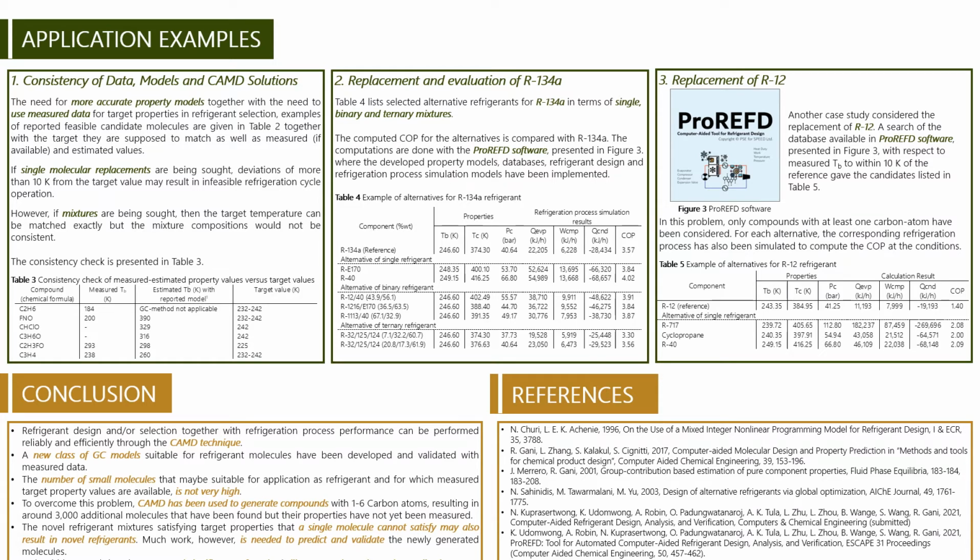Table 4 lists selected alternative refrigerants for R134A in terms of single, binary, and ternary mixtures. From Table 4, the boiling temperature of the alternative single refrigerant is close to the target boiling temperature, but the boiling temperature of the alternative mixture is exactly matched with the target boiling temperature.